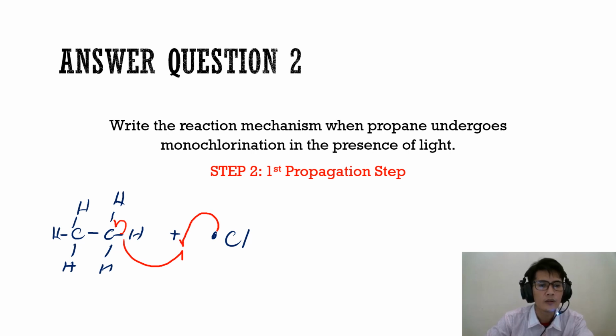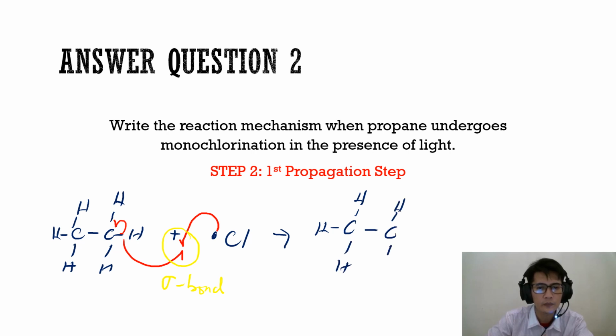We can see that these 2 half-head arrows meet each other, meaning the formation of the sigma bond. So it will produce CH3CH2, and formation of the sigma bond between H and Cl, so it becomes HCl.